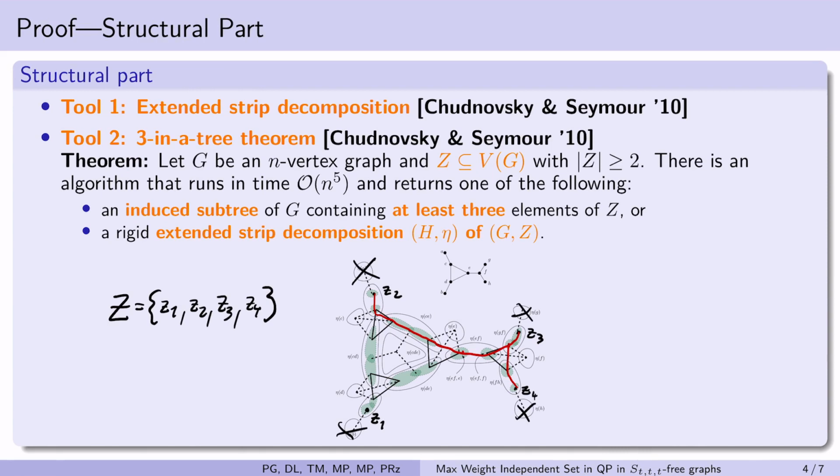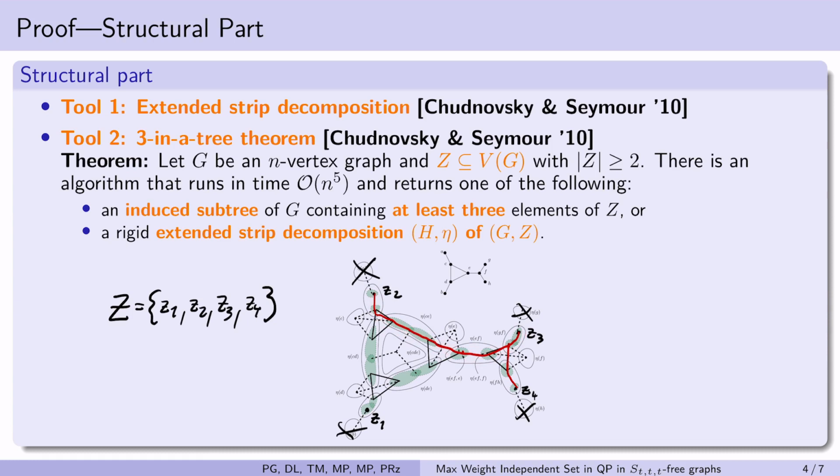Okay, so why is this a certificate? Now you will also understand the intuition. Think of connecting two of those vertices in Z, and think of how such a path can look. For example, this red path connecting Z2 and Z3 can be there. It's induced. That's great.